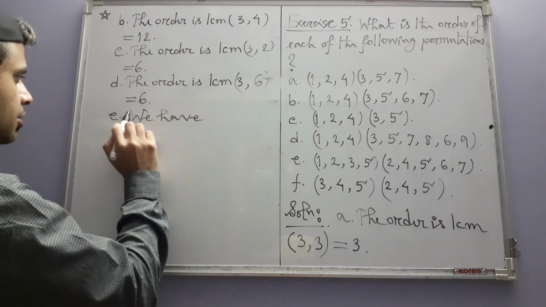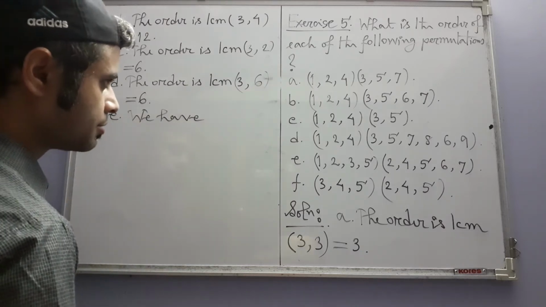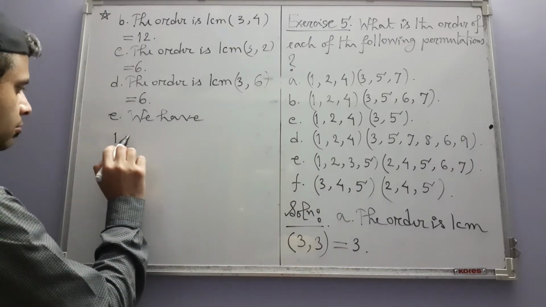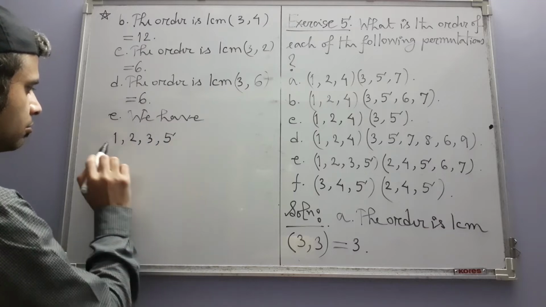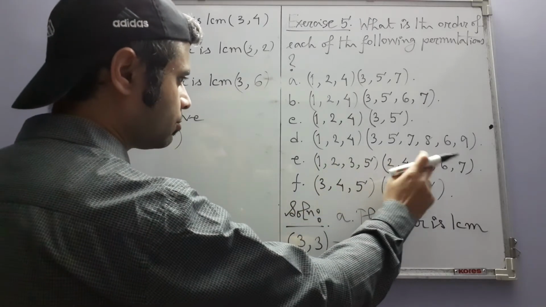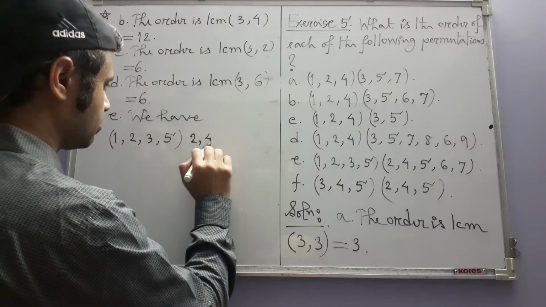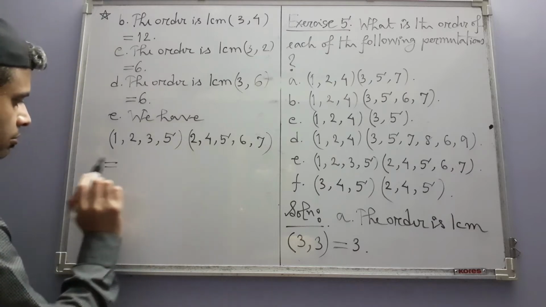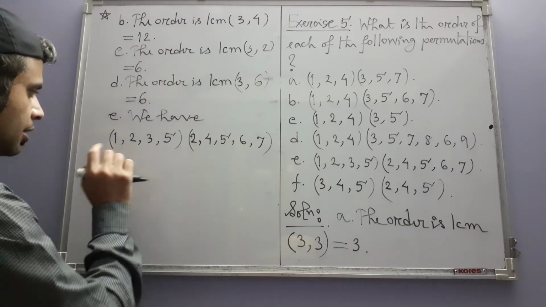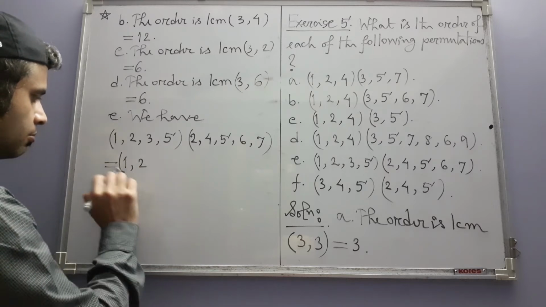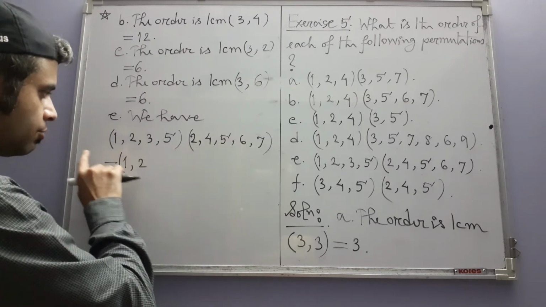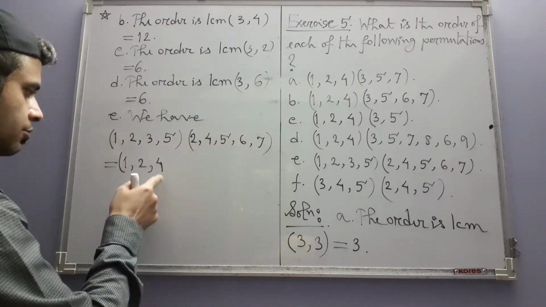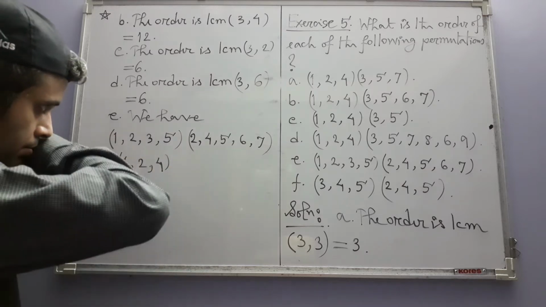So we first express it as a product of disjoint cycles. (1 2 3 5)(2 4 5 6 7). 1 is unchanged by the second, 1 goes to 2. 2 to 4, 4 is not here in the first, so 2 to 4. 4 to 5, 5 to 1, so 4 comes back to 1.